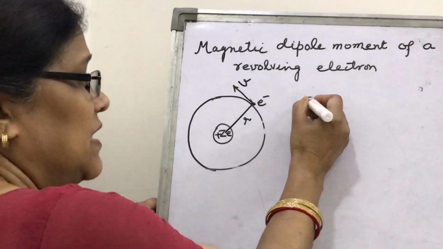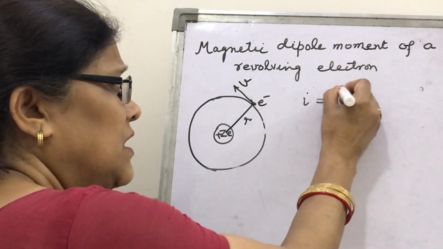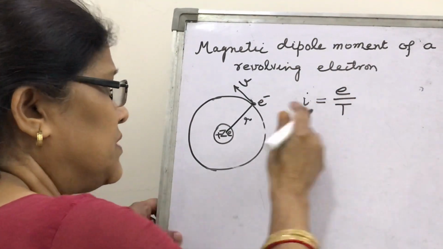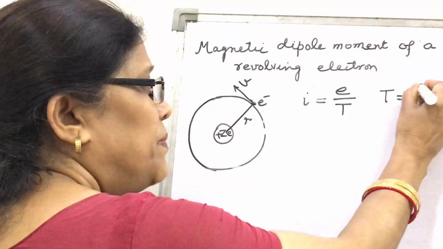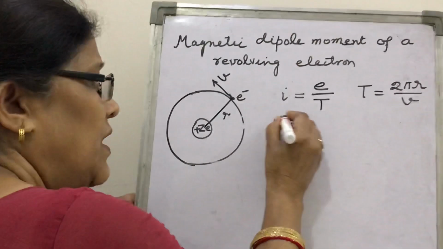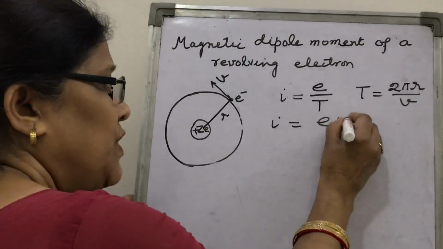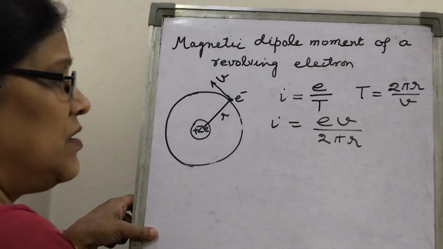Let us write it as I. You know, I is electronic charge upon the total time period. So, you can write T as 2 pi r upon v. Then what will be I? I is e v upon 2 pi r, by substituting the value of T.